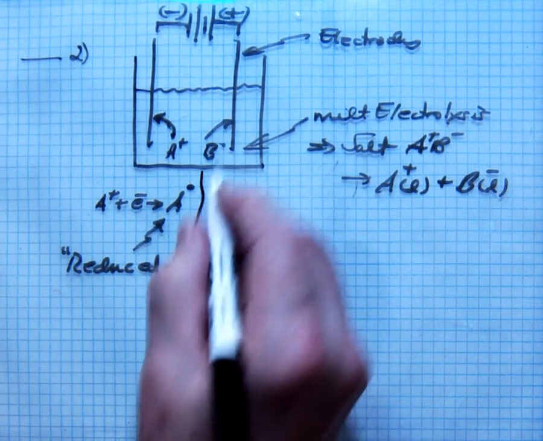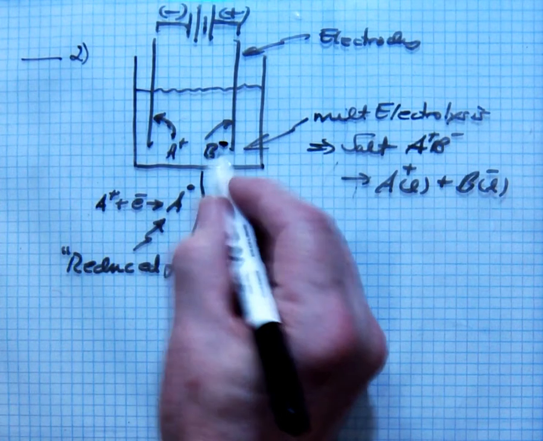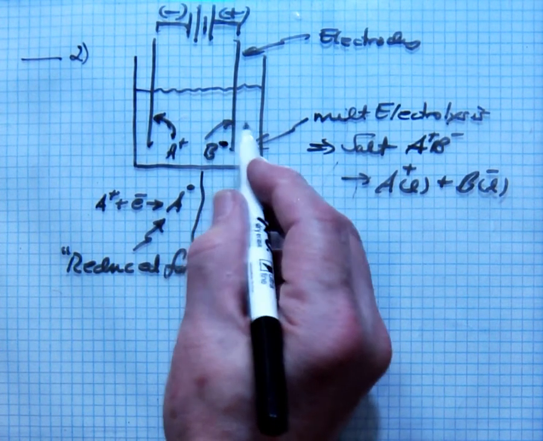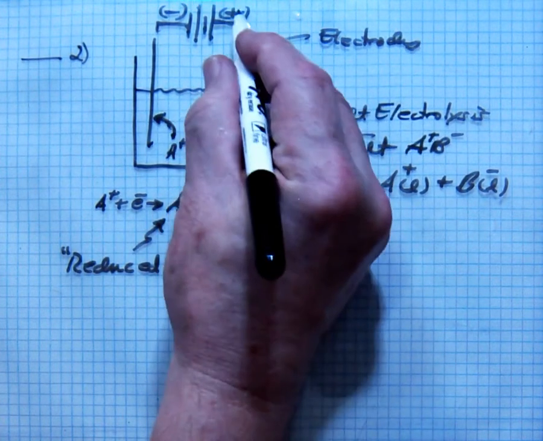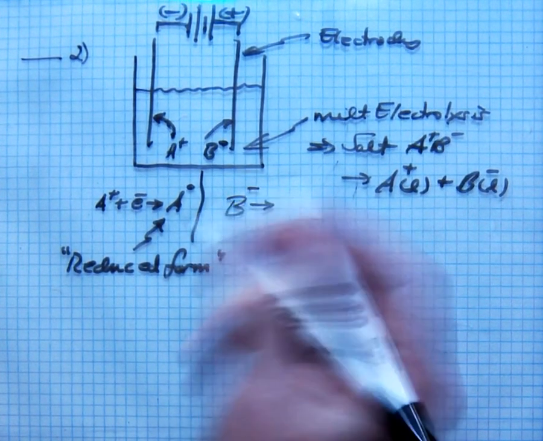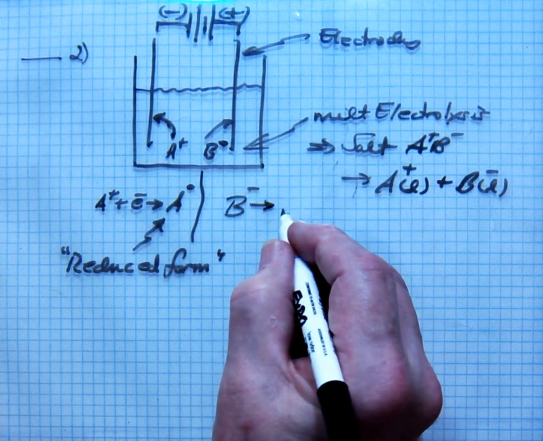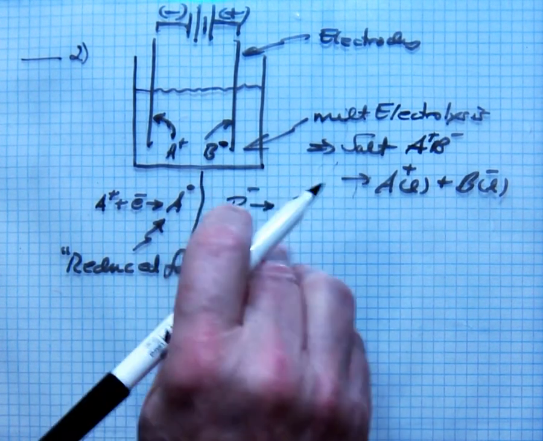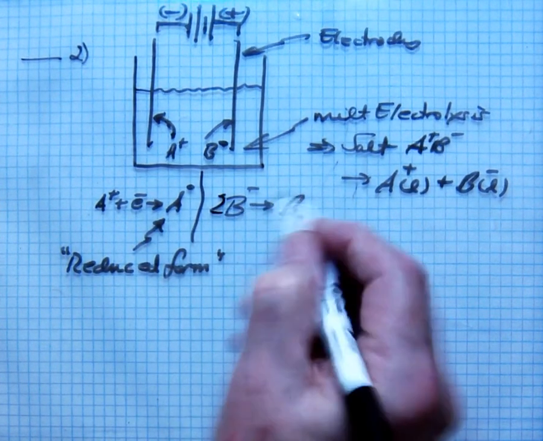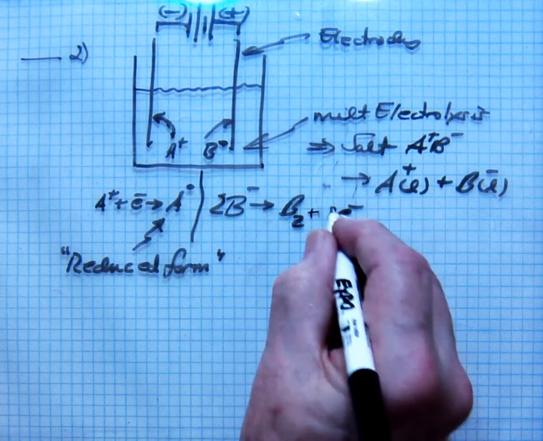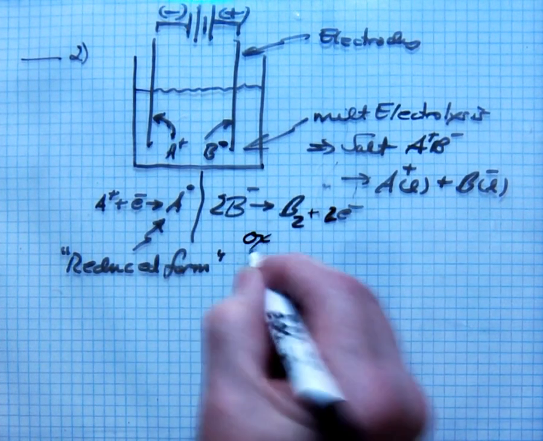On the other side, the excess electrons in the anion are attracted to the electrode that's on the plus side, and that one will undergo oxidation, usually with something like a halogen, and it will go to something like B2. We have 2 of these plus a couple of electrons. So this is an oxidation process.